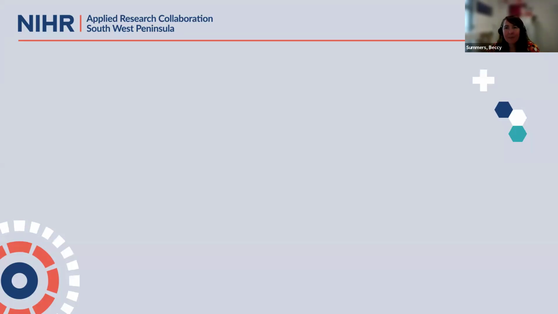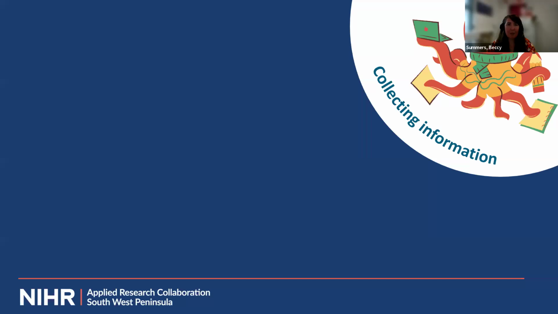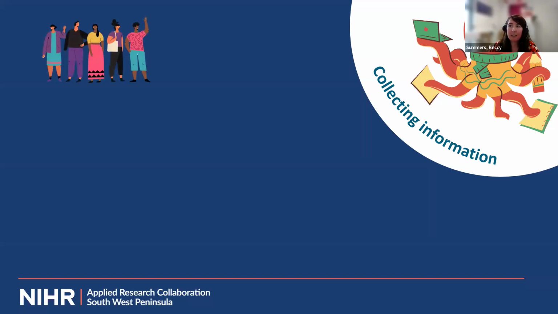Okie dokie. So our next stop on our research journey is going to actually be going out and collecting the information that we need to actually answer our research question. So if we think about an example of this, if we're using that numbers and statistics approach that we mentioned to answer our question, we might give one group of patients current medication that they're taking to treat back pain.